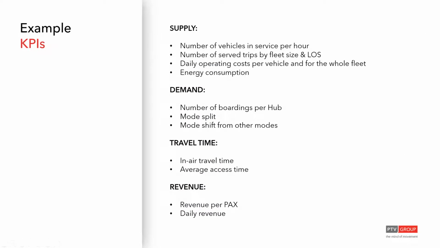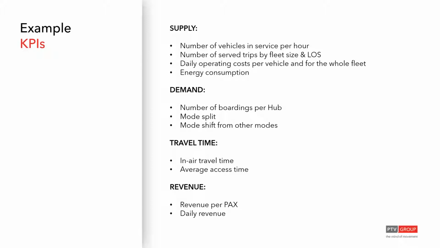The KPIs that were produced are presented on this slide, and you can see that there is quite a lot of parameters that can be derived out of this approach. Supply-wise, you can obtain the information on the number of vehicles in service per hour, number of service trips, daily operating costs, energy consumption, and some others.